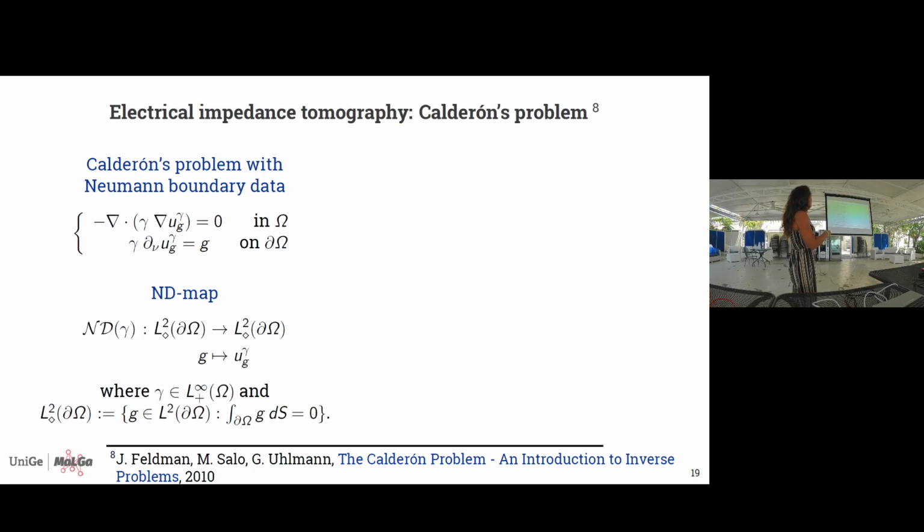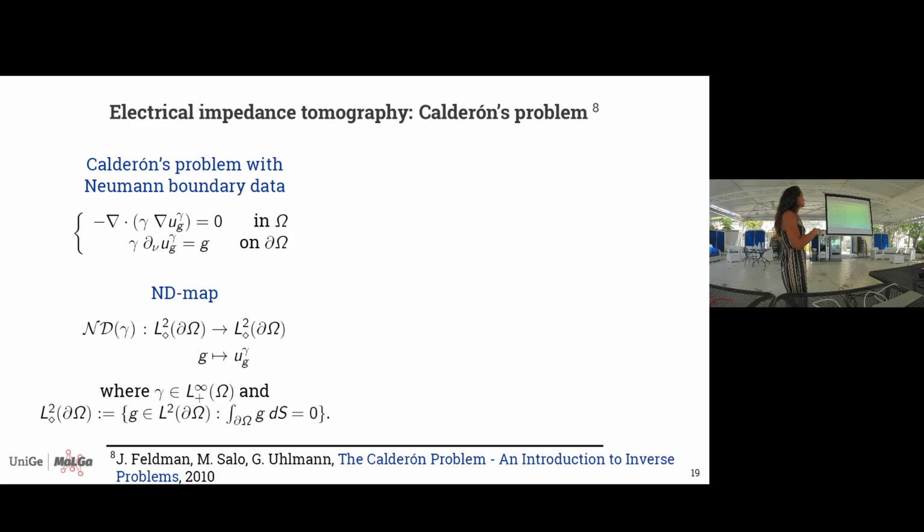Our possible application is the electrical impedance tomography, also known as the Calderon problem. And this problem is composed of a partial differential equation, that is this one here, and a boundary data. We choose Neumann boundary data, where the operator F of the inverse problem is this Neumann to Dirichlet map computed in gamma, and we want to recover gamma.